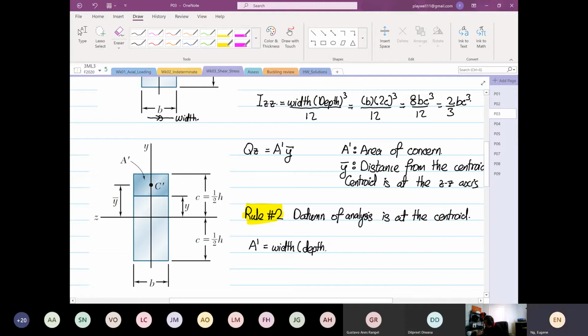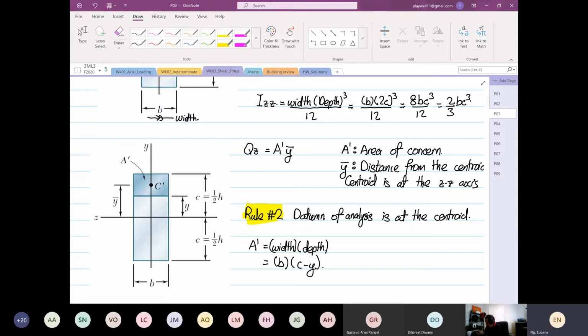For this case, the width is equal to B. The depth of interest is equal to C minus Y.